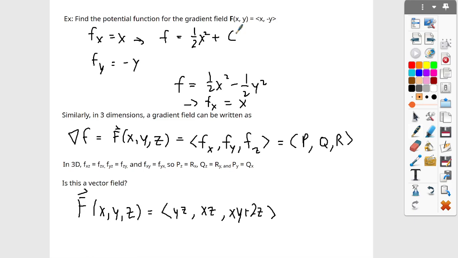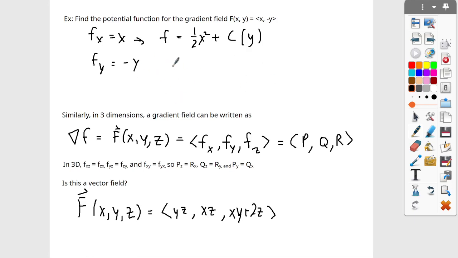It can also include y stuff in it, because everything that we have with y got canceled out when we did the derivative with respect to x. So I'm going to say that this is c of y. It's a constant function, what we call a constant function when we do our integral in calculus 1, but it's with respect to y because it can include y stuff in it as well.